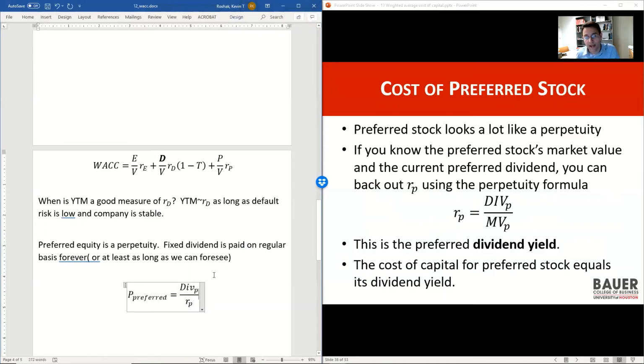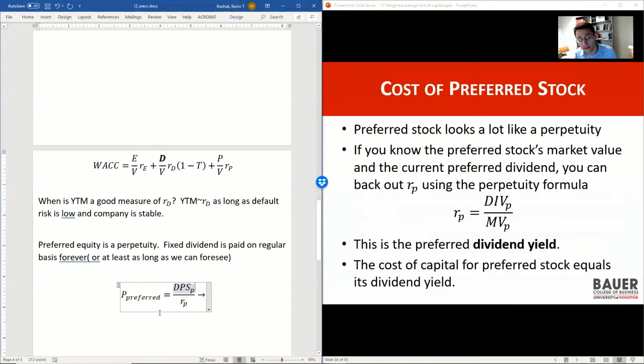So how can we back out RP using this information? Well, you can just solve for RP. You look in the stock market and you see the price of the preferred stock, and you look in the contract, or you see what the preferred stock has been paying, and you see the dividend, right? You know the dividends per share here on the preferred.